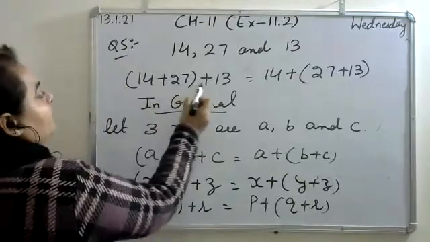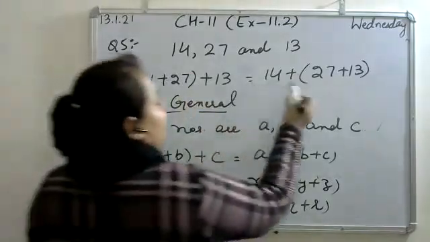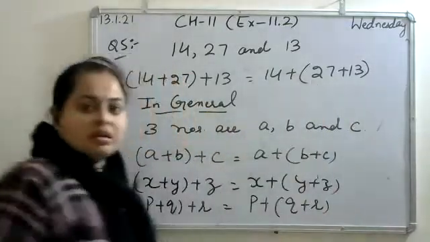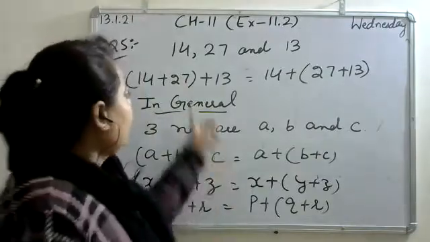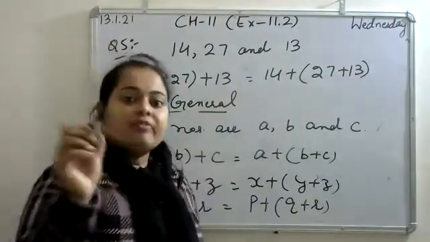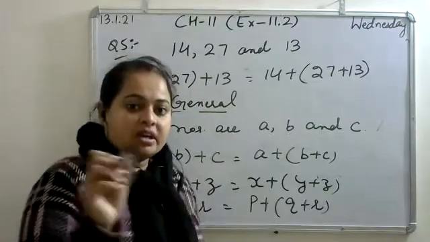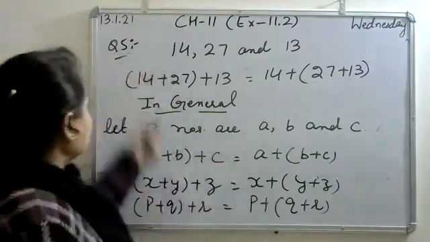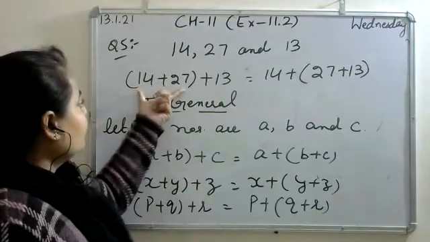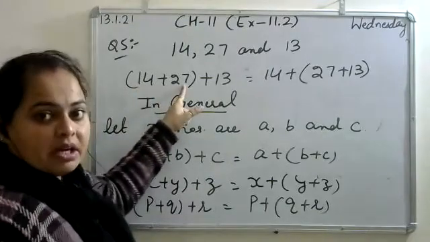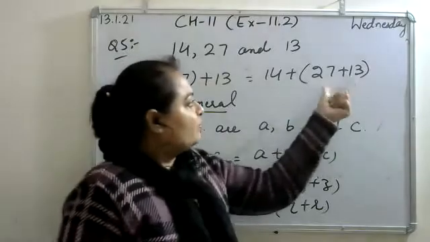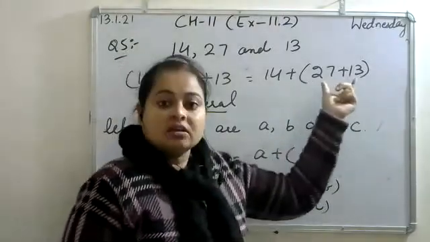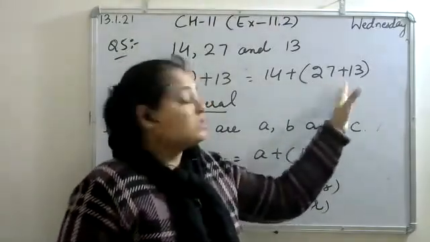Yes, beta, this is the question given to you in the book. Fine. This 14 plus 27 plus 13, and 14 plus 27 plus 13 with the bracket. The name of this property is associative property. We have already done it in chapter number 2, because the group changed. Here in a group we have 14 with 27, and on the right-hand side we have 27 with 13. So this is associative property.